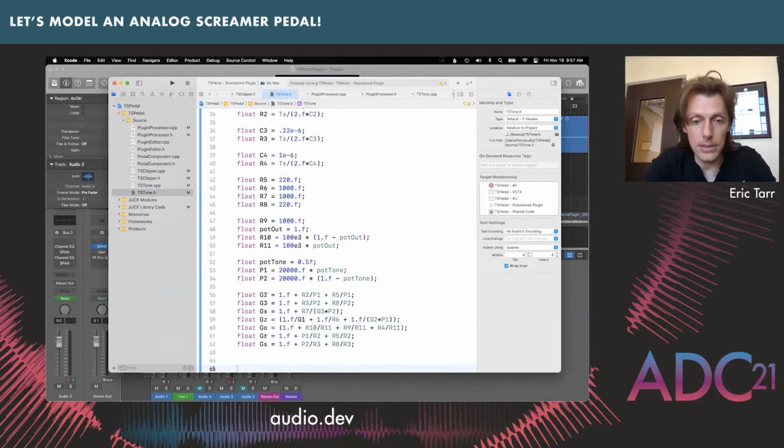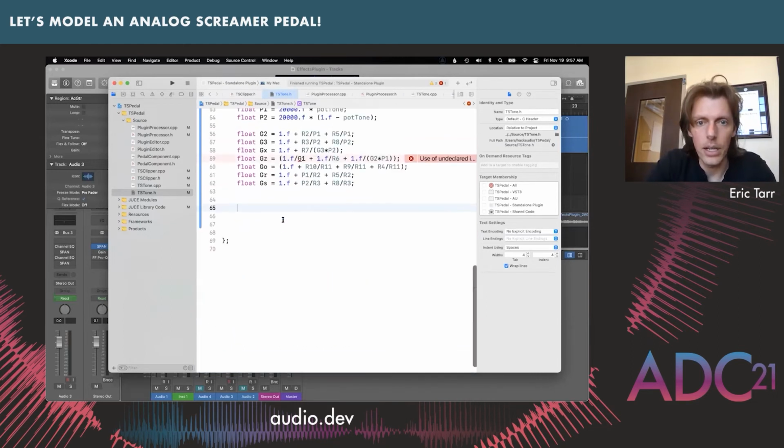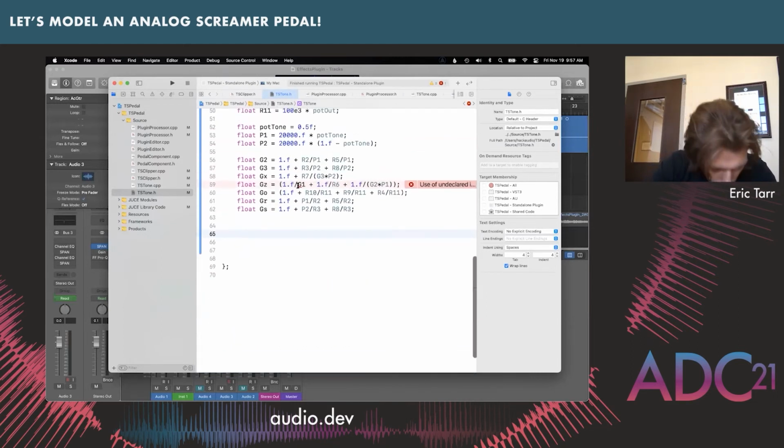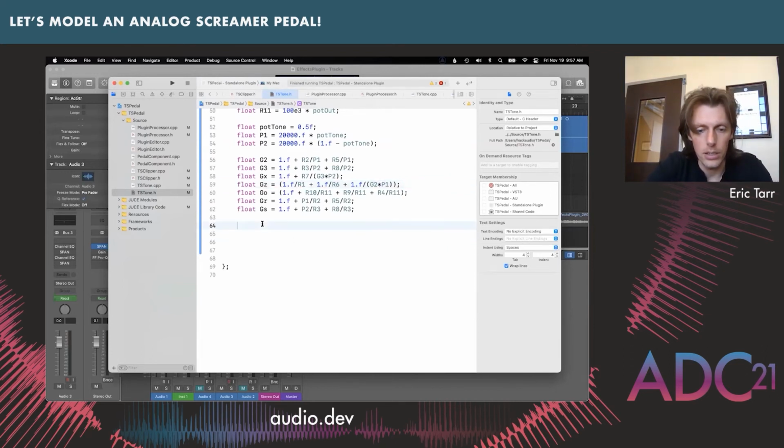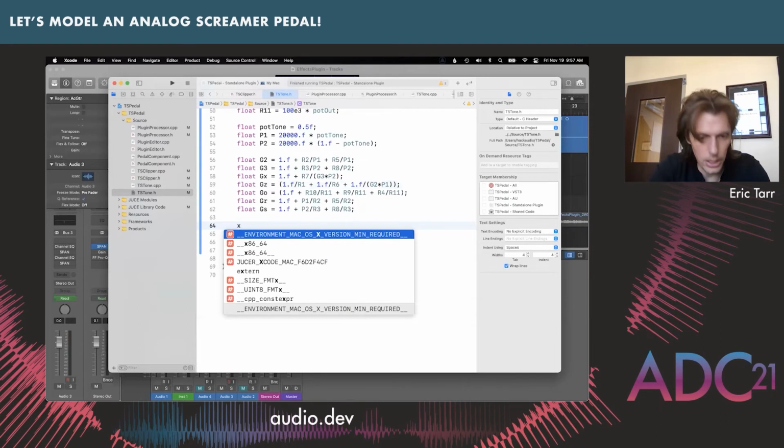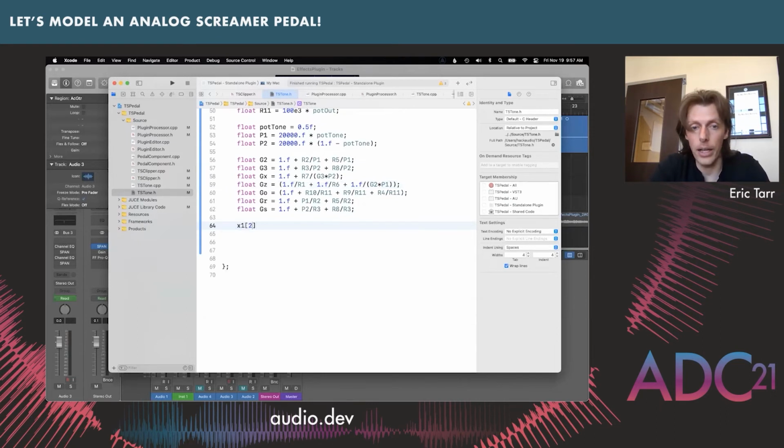Okay, we have our states. I didn't have a G1. This should be R1. So our states, we're going to have X1. And we want this to actually have two states, one for the left channel and one for the right channel.